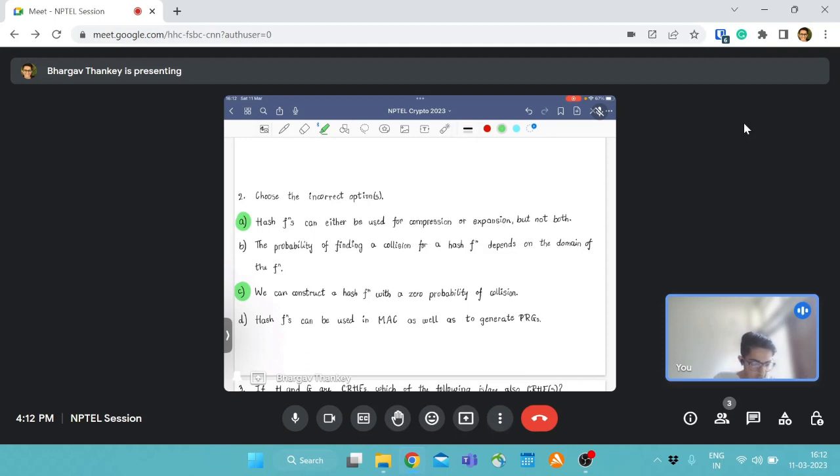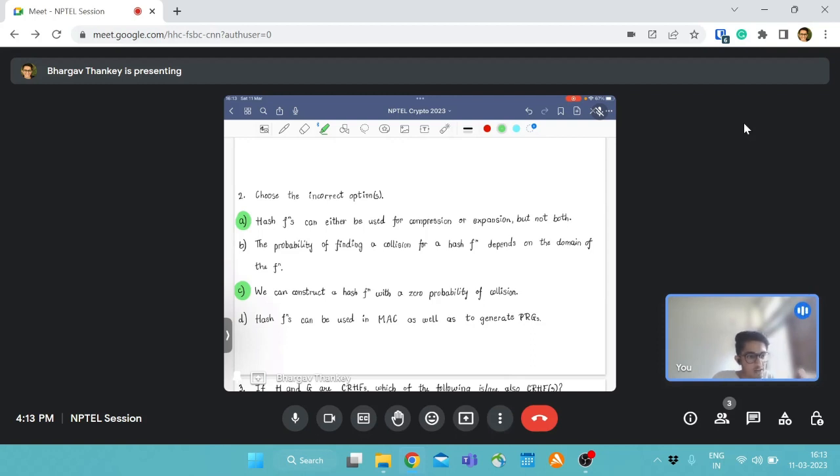And option D is hash functions can be used in the construction of MACs as well as PRGs. Well, this is correct. One way to construct a MAC using a hash function is just to do the following. Suppose your message is M. Your tag T would be the hash of M. And we also saw in week 7 that in the random oracle model, we can use hash functions to generate PRGs.